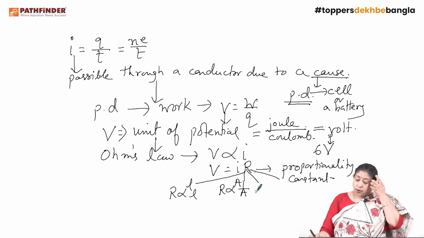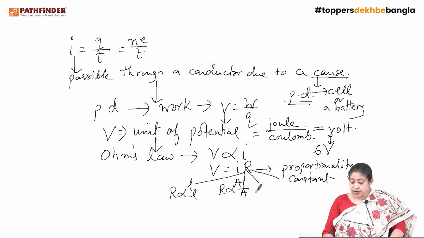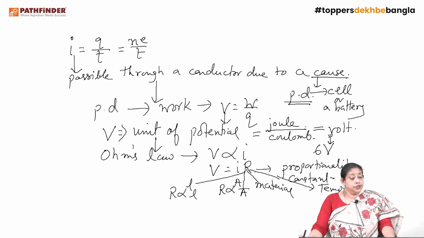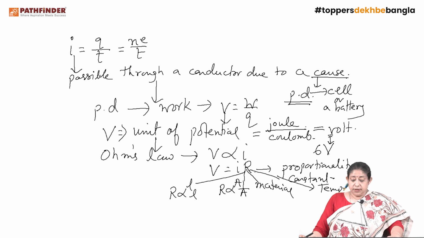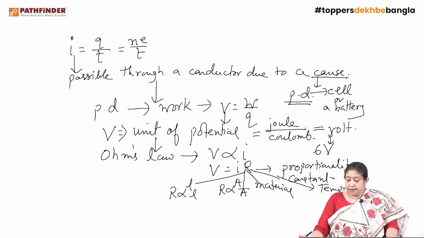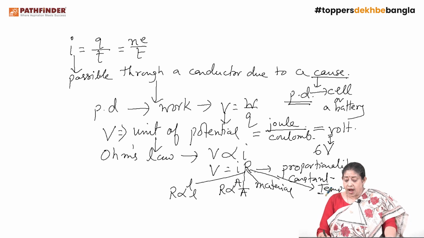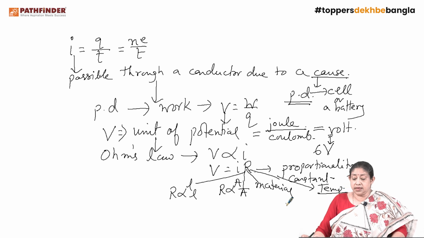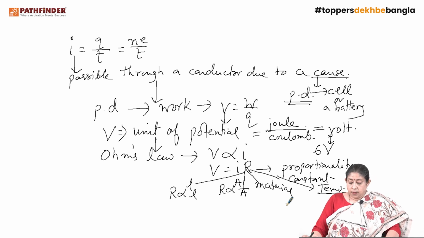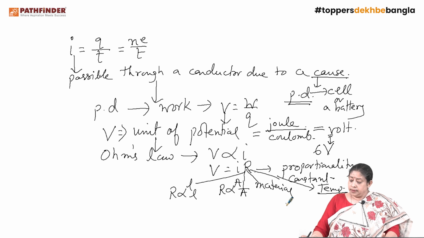Apart from that, it also depends upon the nature of the material which forms the conductor, and lastly, it depends upon the temperature. Now students, you must have noticed that in the statement of Ohm's law, it's already mentioned that temperature and other physical conditions of the conductor remain the same. Now what do we mean by other physical conditions?